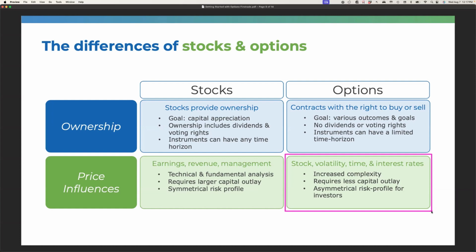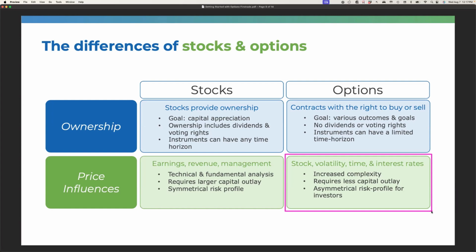So if you think a stock is going to move significantly higher, you could buy the stock, but you could also buy the option contract. And the option contract will typically trade at a fraction of the value of the stock's price. And if the price of the stock does increase in value, the value of the call option will also increase in value, which gives you, like I said, leverage on your investment capital.